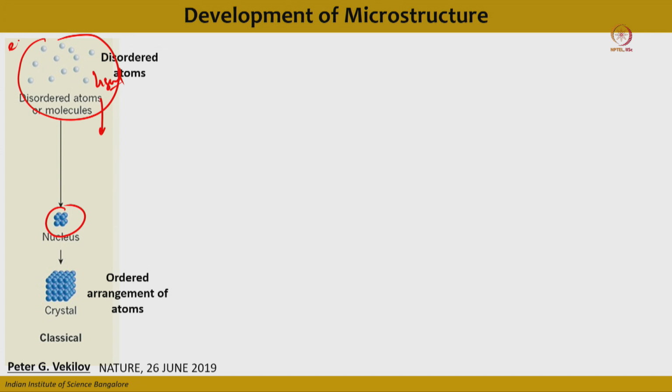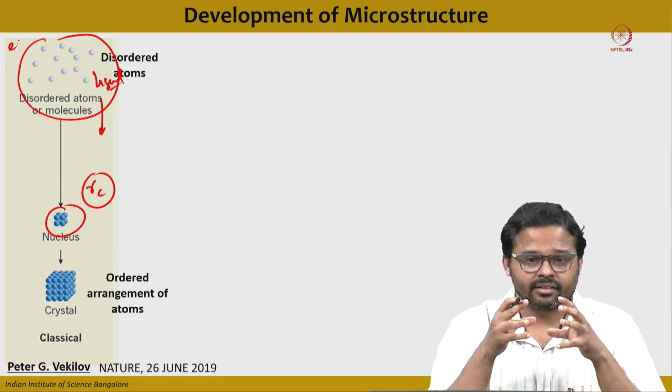So it is like, for example, some of the atoms will come together, and they will detach themselves, but at a certain point they will reach a critical size, R critical, where the atoms come together and the crystal is stable. Fine.